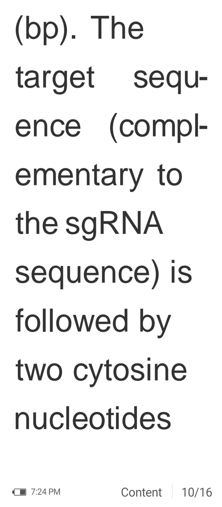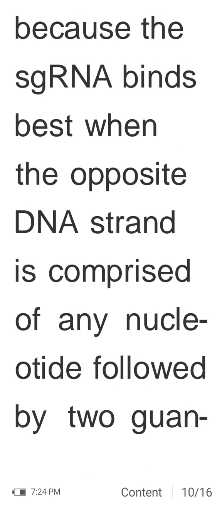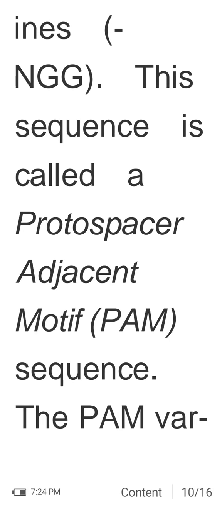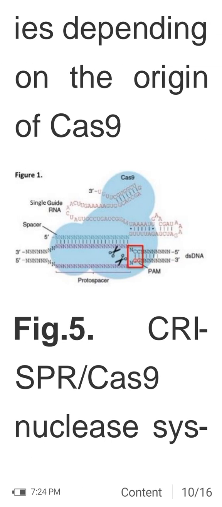The target sequence complementary to the sgRNA sequence is followed by two guanine nucleotides, because the sgRNA binds best when the opposite DNA strand is comprised of any nucleotide followed by two guanines. This sequence is called a protospacer adjacent motif sequence. The PAM varies depending on the origin of Cas9.